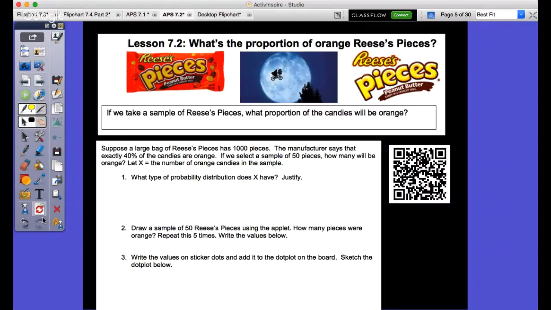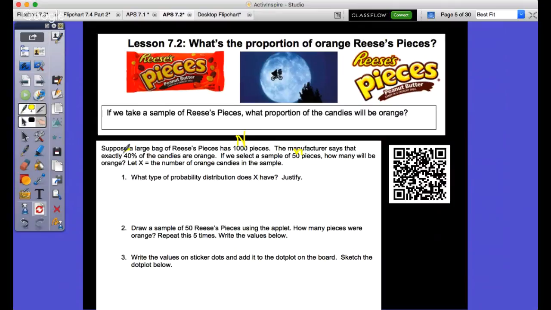A large bag of Reese's Pieces has 1,000 pieces. Manufacturer says that exactly 40,000 of the candies are orange. If we select a sample of 50 pieces, how many will be orange? Well, let's talk about a couple things. First off, we have this idea of the population compared to the sample.